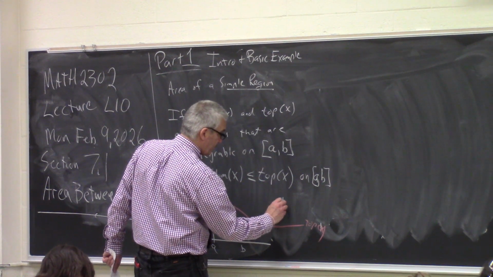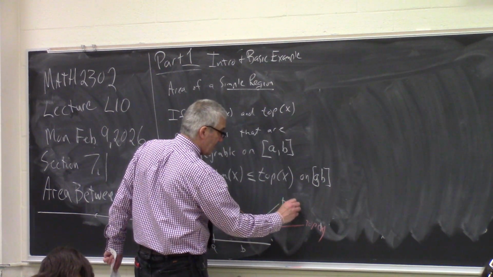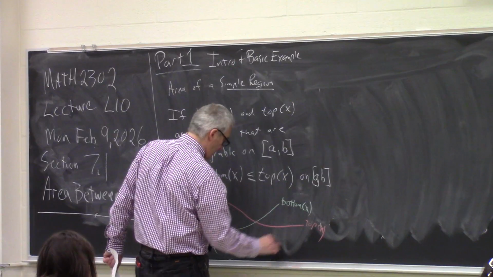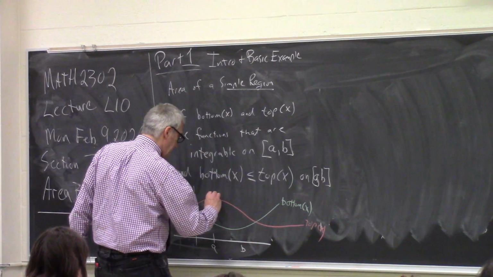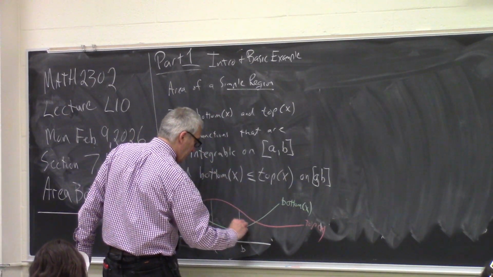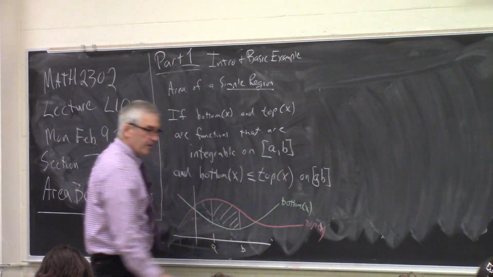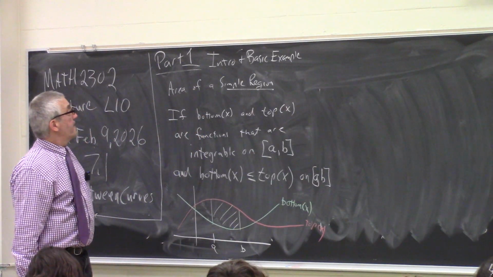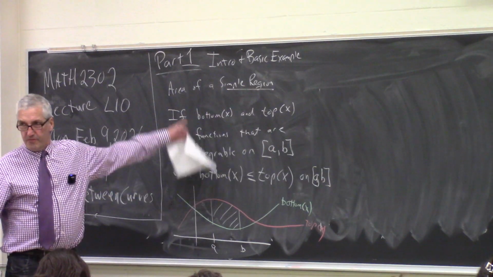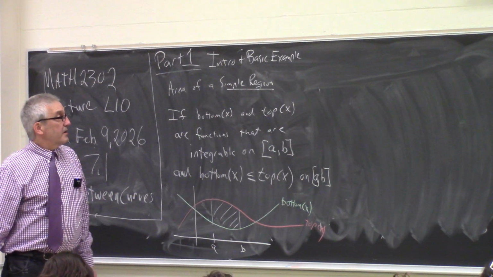And then this green graph on that interval is the bottom function. Then this region is what I would call a simple region, something which fits these criteria.